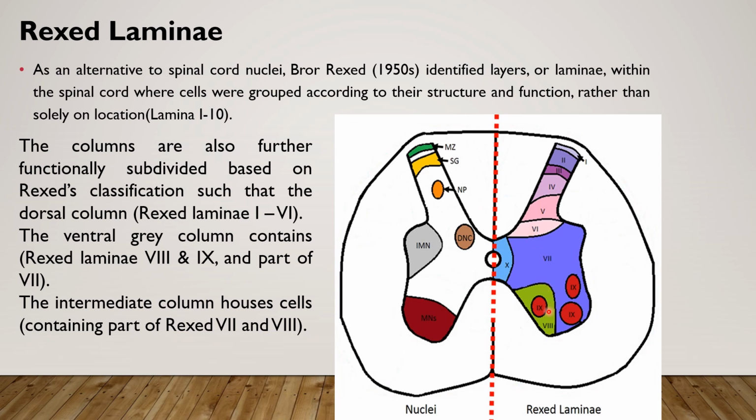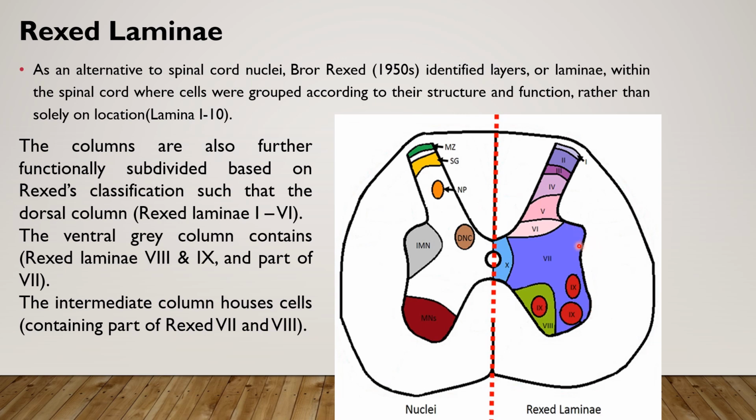Then the ventral column. This is the ventral column that consists of lamina 8 and lamina 9, these red colored areas, and a part of this blue colored area, part of lamina 7. The ventral horn consists of this area, 8, 9 and part of 7.